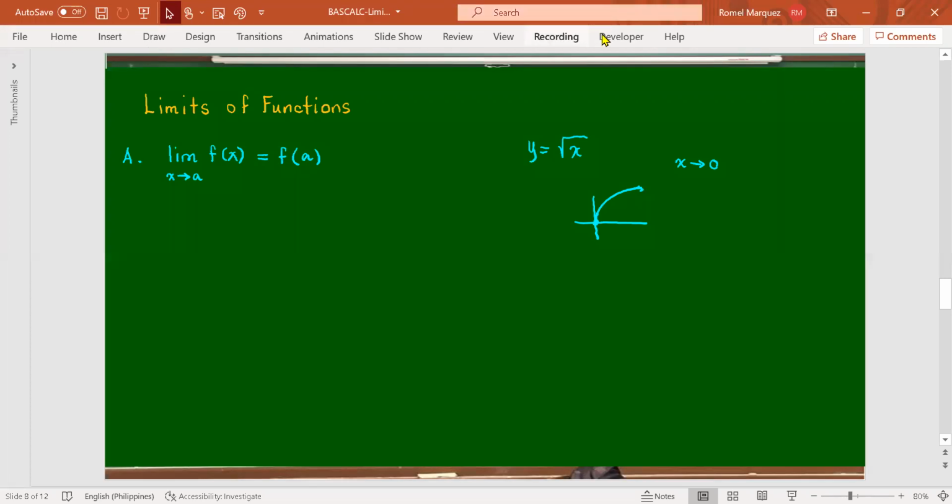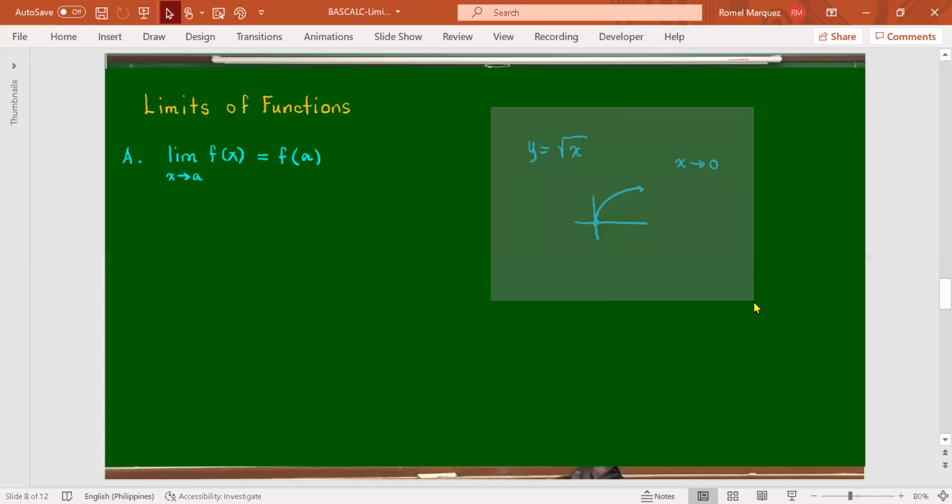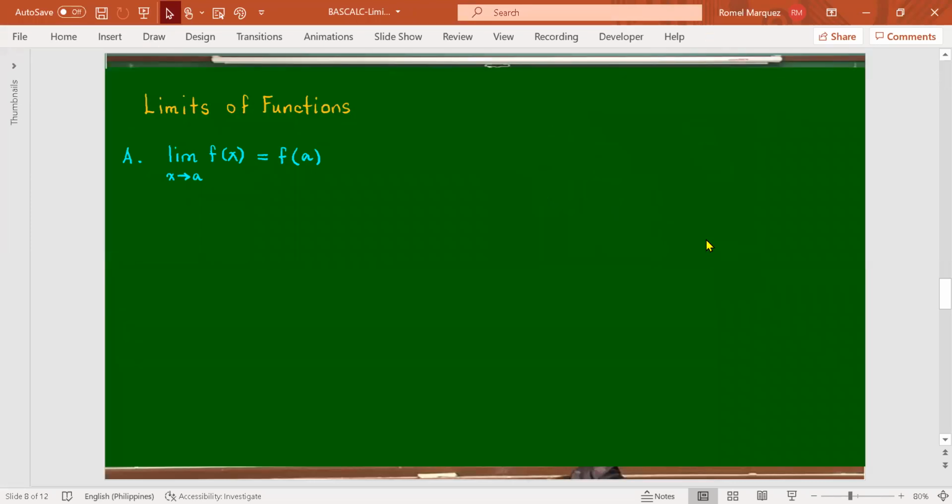Only the one-sided limit from the right is a real number. Is that clear, guys? So this is an example of a value of x that has no immediate left. Although x equals 0 is in the domain, there is no immediate left. Is that clear, children? Guys?